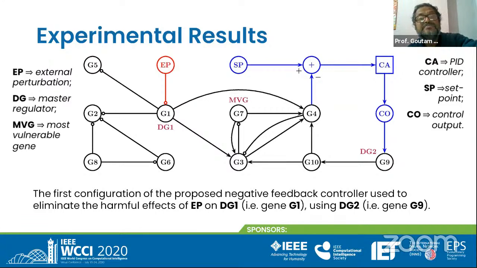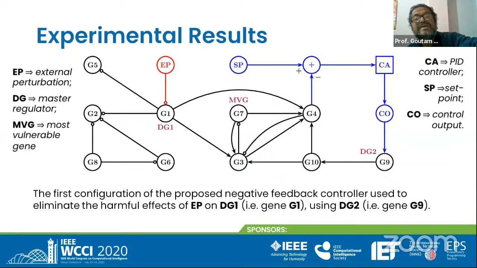See here, how has G1 caused this? G1 has disturbed G3. This arrowhead means upregulation, and the bubble means downregulation. So G1 has given some extra unnecessary disturbance to G3.